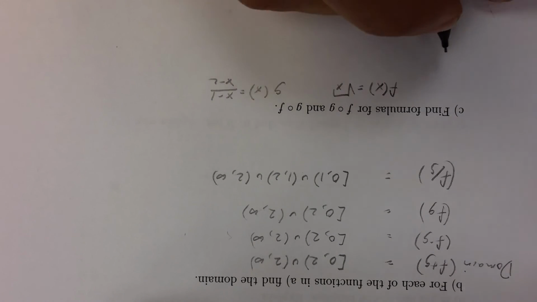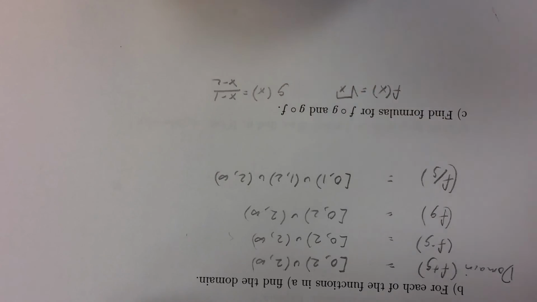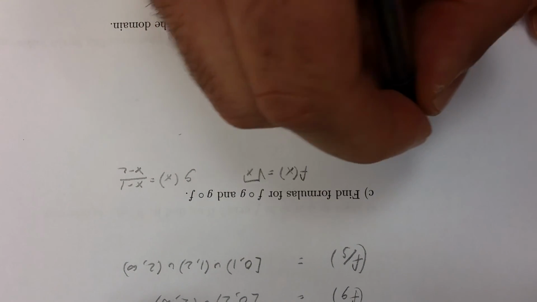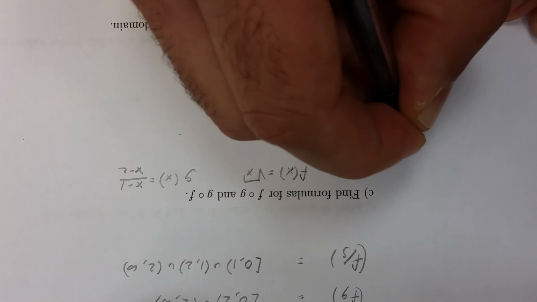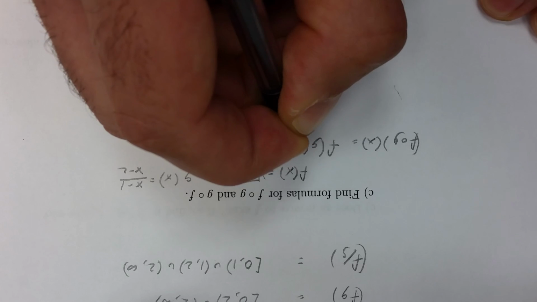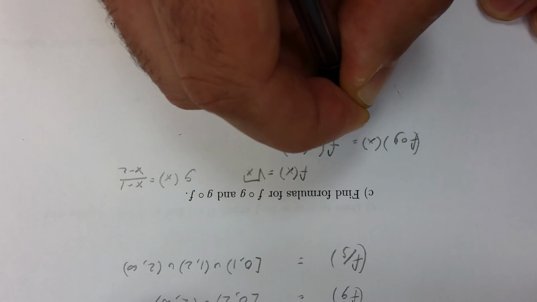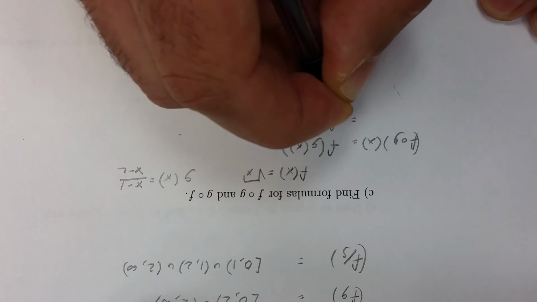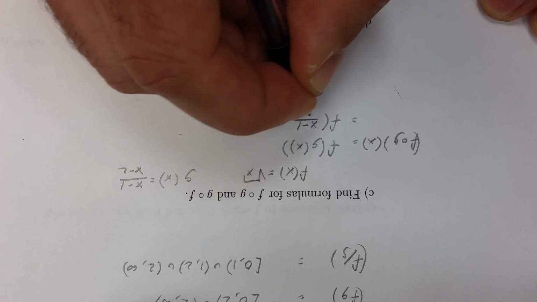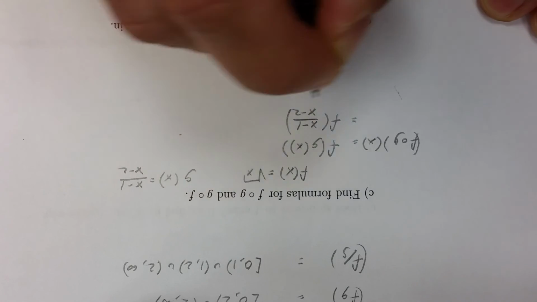And so f composed with g of x is just f with g of x in parentheses. And so that's f of x minus 1 all over x minus 2.